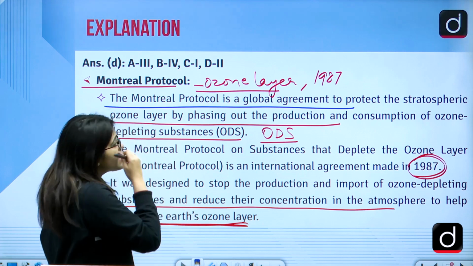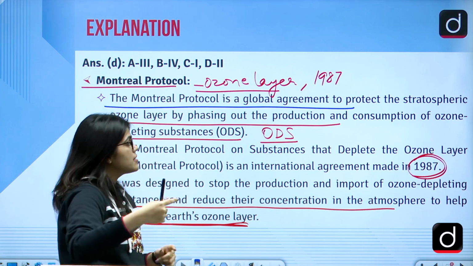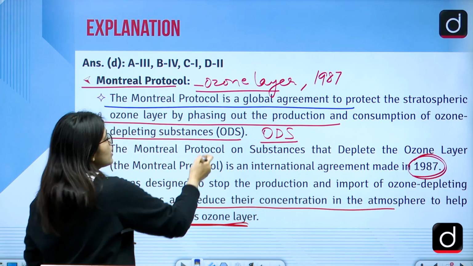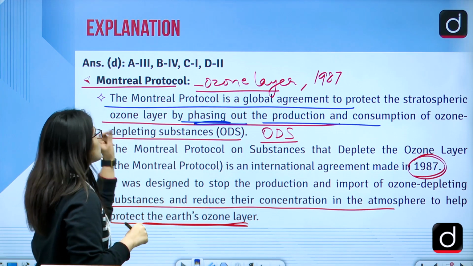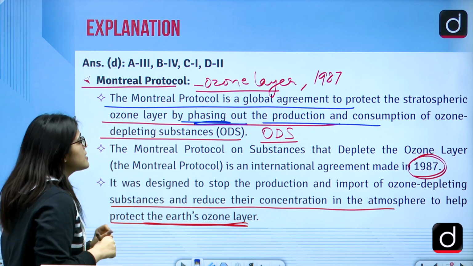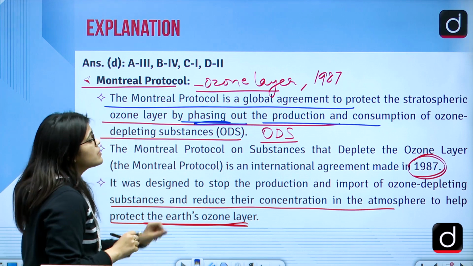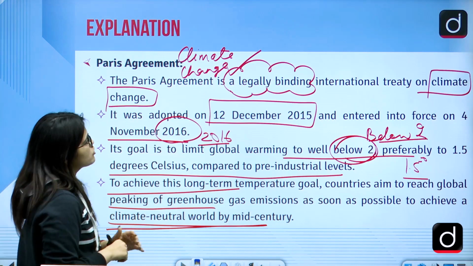They said they'll work on phasing out the production and consumption of ozone depleting substances, called ODS, and it is an international agreement that started in 1987 and works for the protection of the ozone layer.